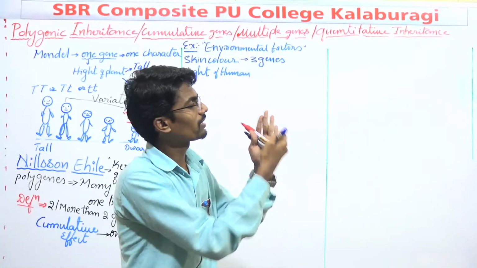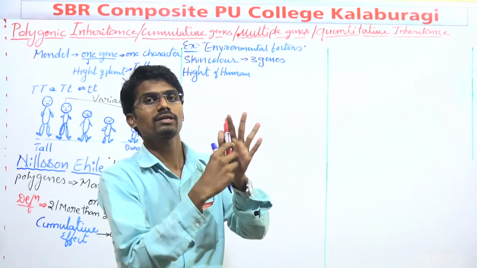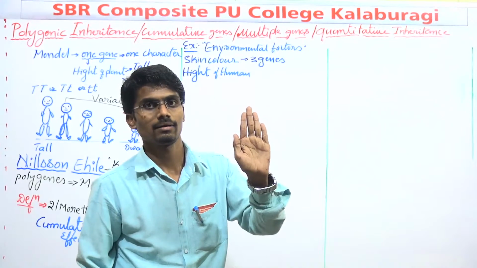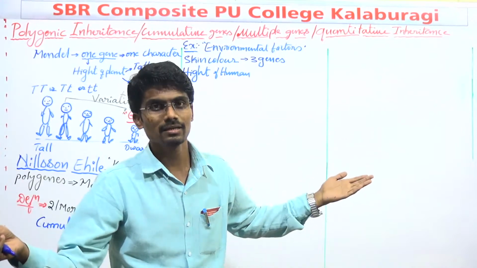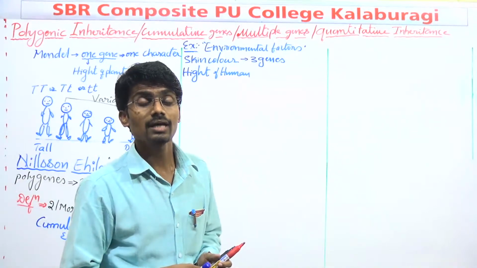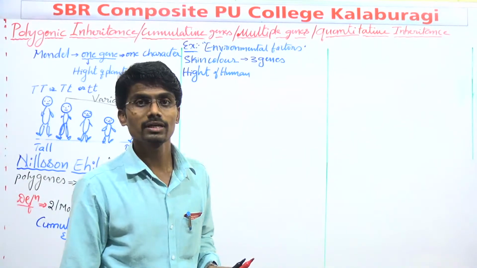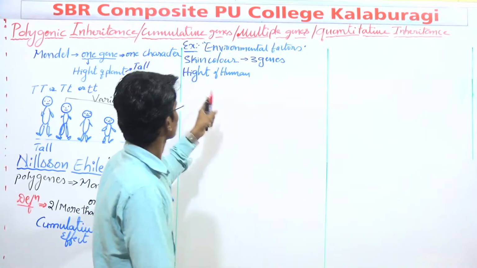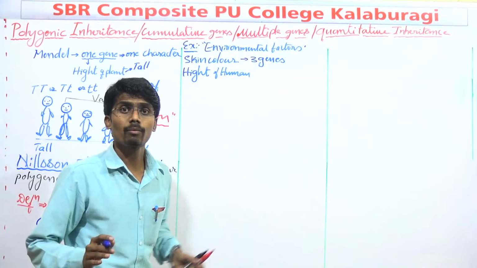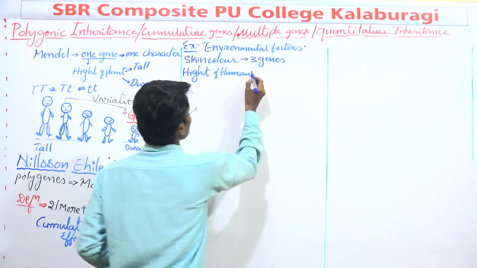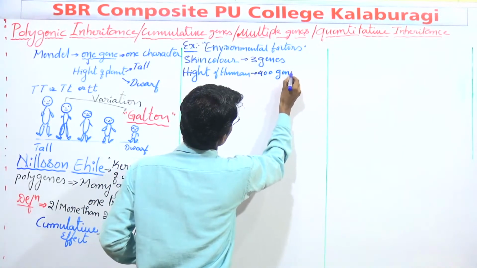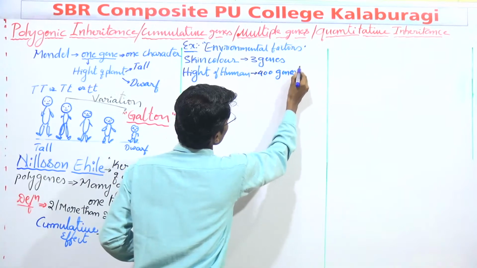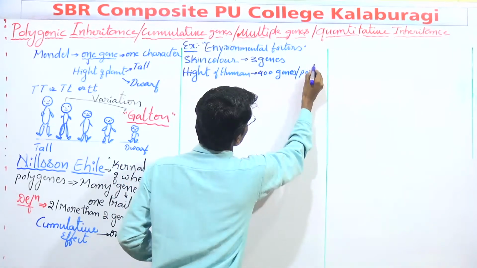We can take our fingers; these five fingers do not have the same height. And if you compare the population, what happens? Height varies like anything, and that variation is also an example for polygenic inheritance. Dear students, height of human beings in a population, they are telling that it is a net source of 400 genes. 400 genes in a population.